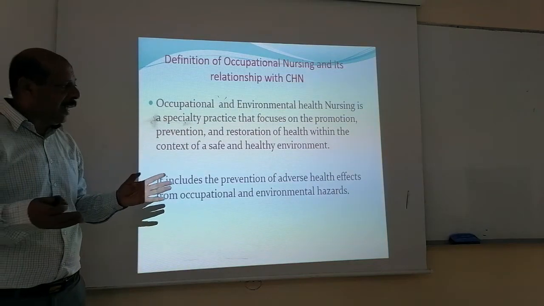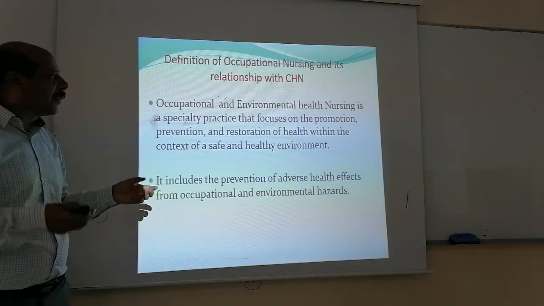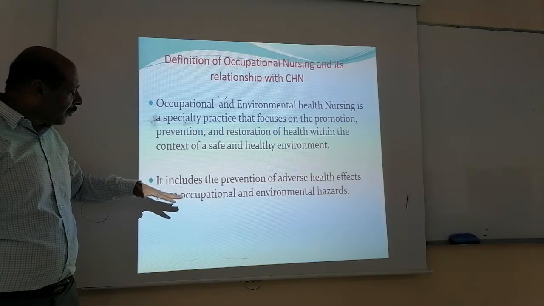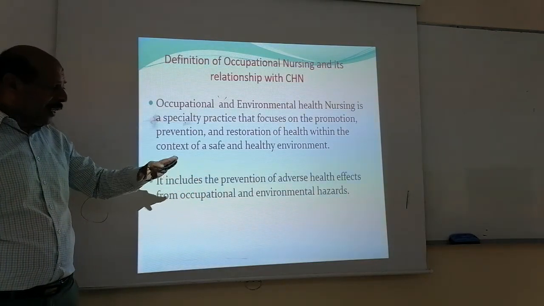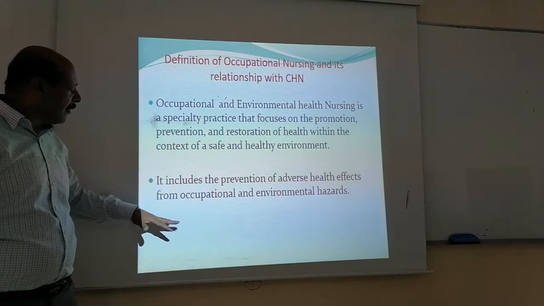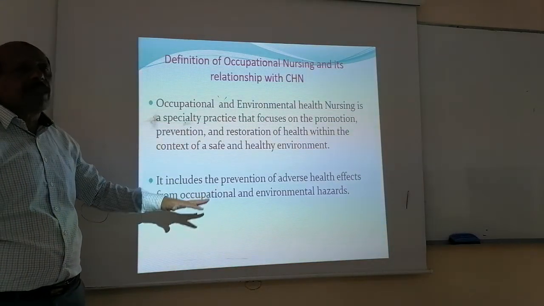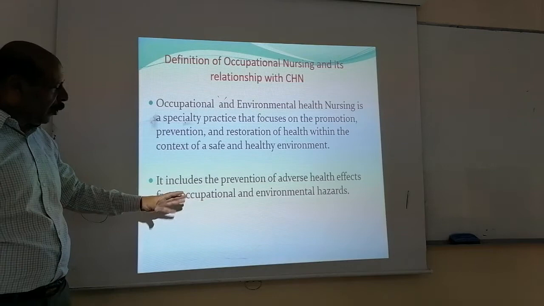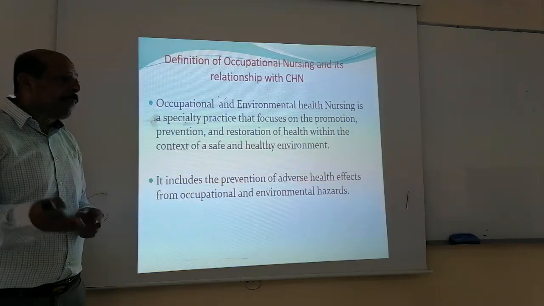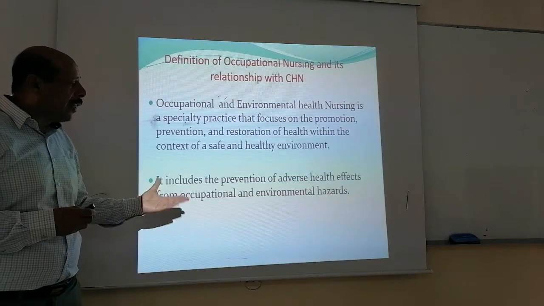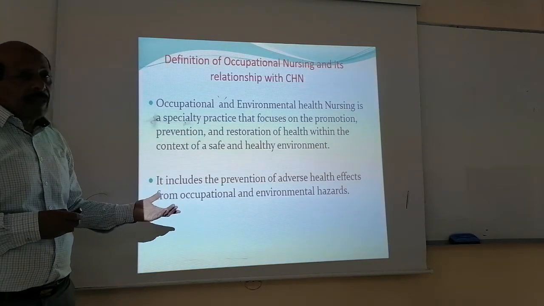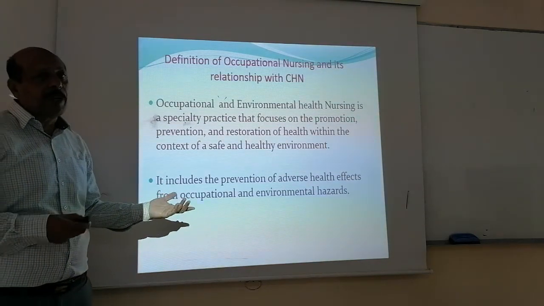So we have to maintain a healthy environment in order to maintain those things. It includes the prevention of adverse health effects from occupational and environmental hazards. So we have to prevent the adverse effects of the environment and the occupational hazards which might be there.